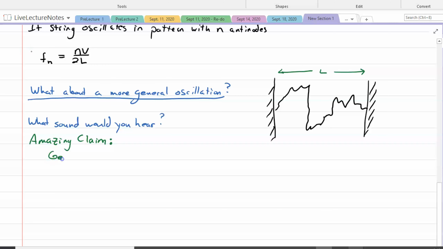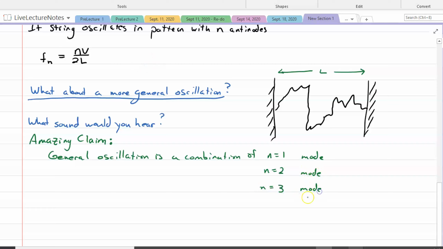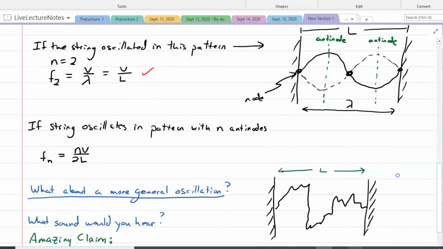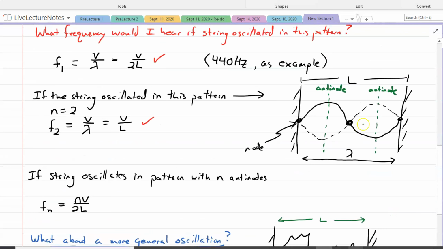The general oscillation is a combination of n equals 1 mode, n equals 2 mode, n equals 3, and so on, etc. So any kind of oscillation of this string can be written as a combination of these other ones, these nicely behaved ones.